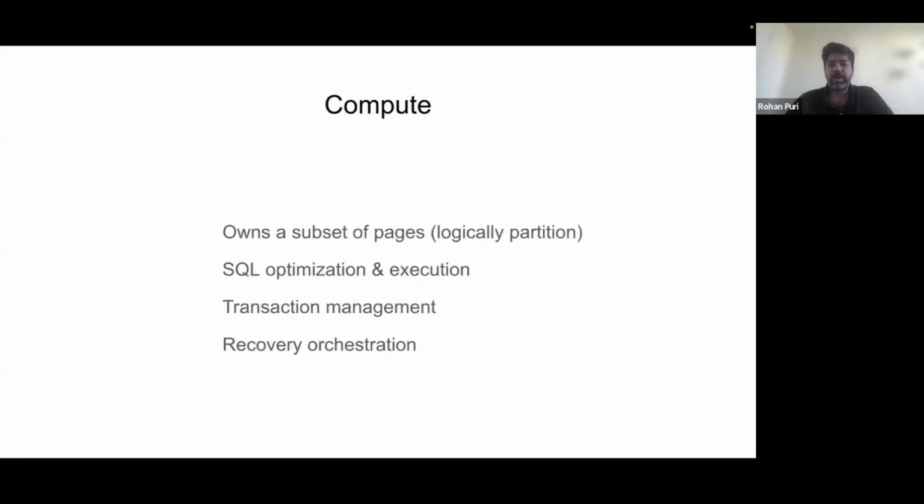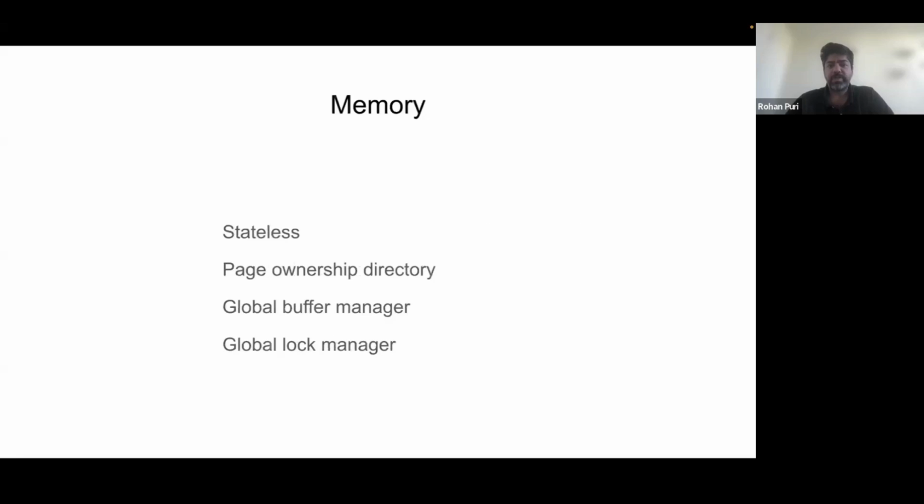So let's talk about compute. Compute owns a subset of pages. These are logically partitioned. It does the SQL optimization and execution, runs the transaction management system, and also orchestrates the recovery. What does memory do? Memory is stateless.